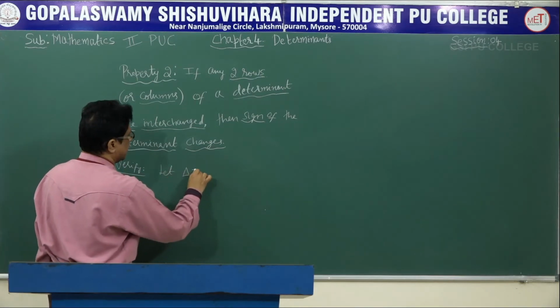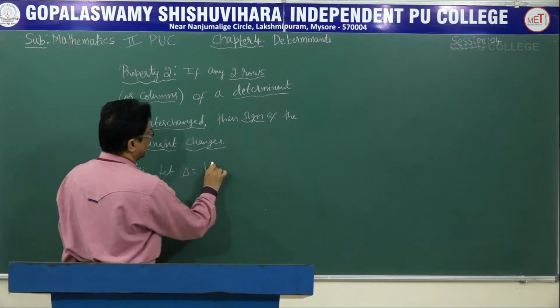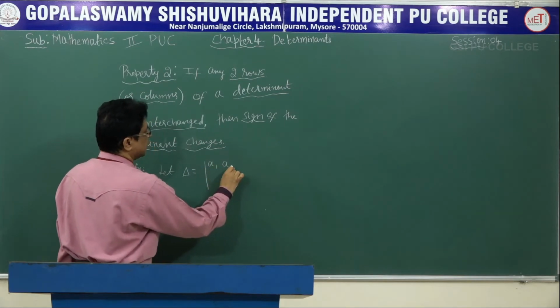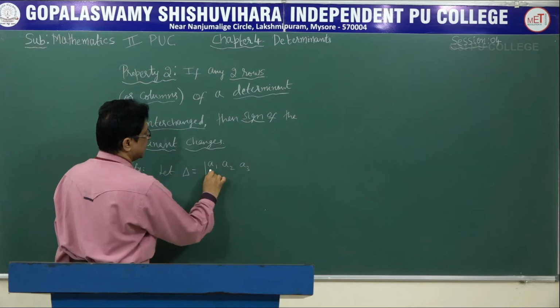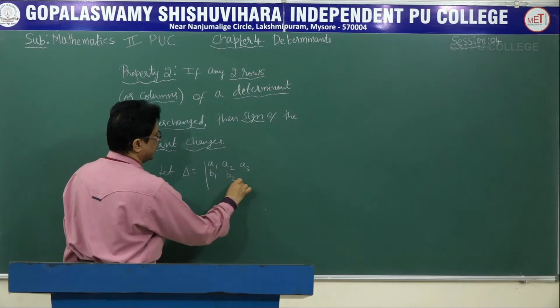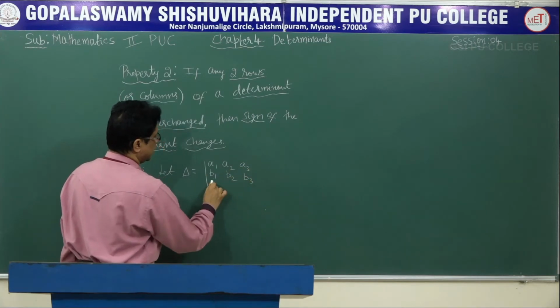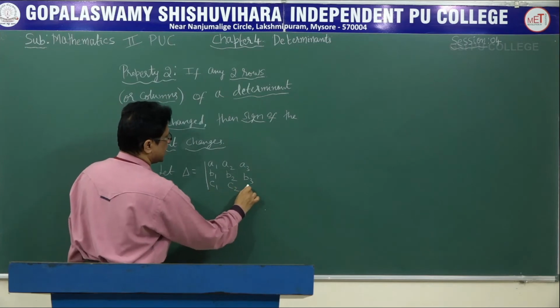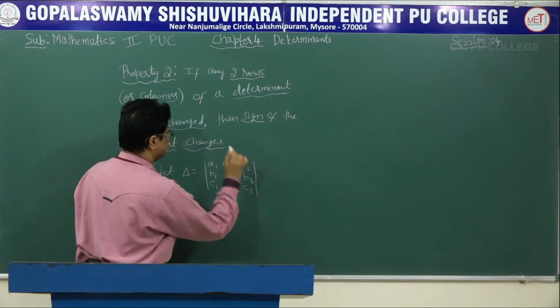Let delta equal the determinant of A1, A2, A3, B1, B2, B3, C1, C2, C3.